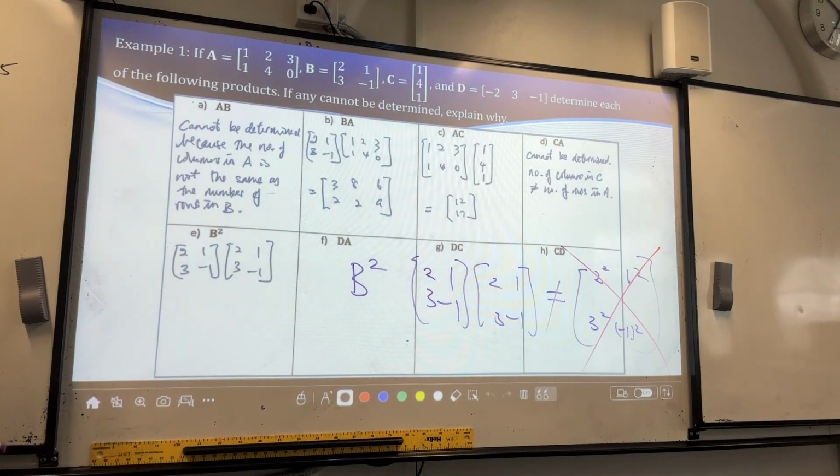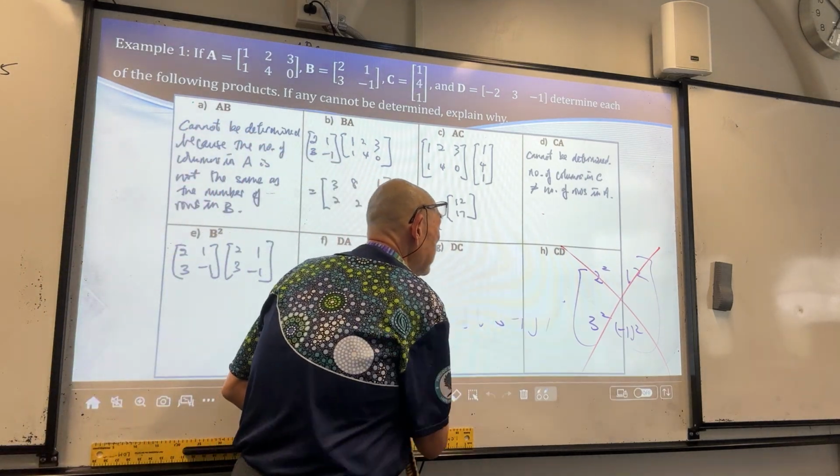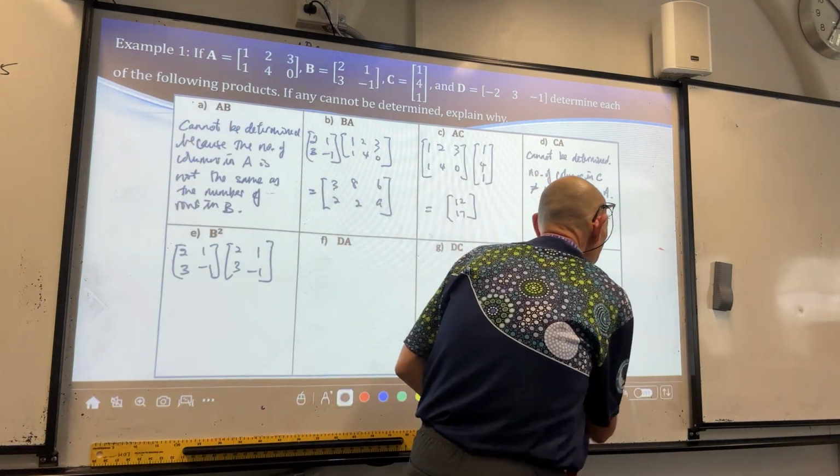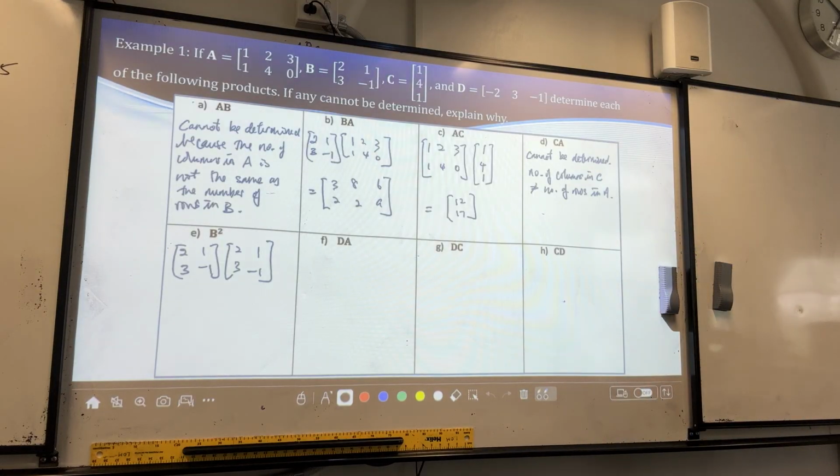You have to use your matrix multiplication. Make sure that you understand that you must use matrix multiplication when you do your square or your cube. You have to do your matrix row-to-column multiplication.